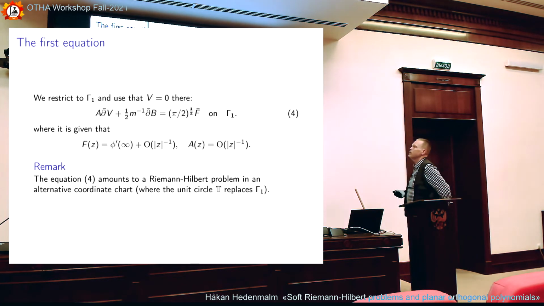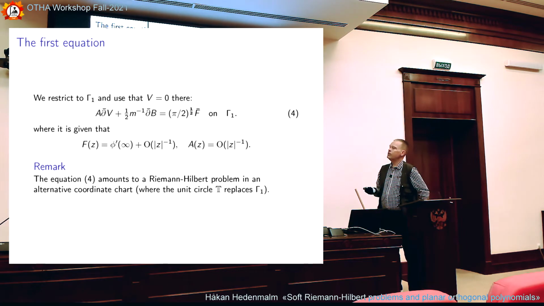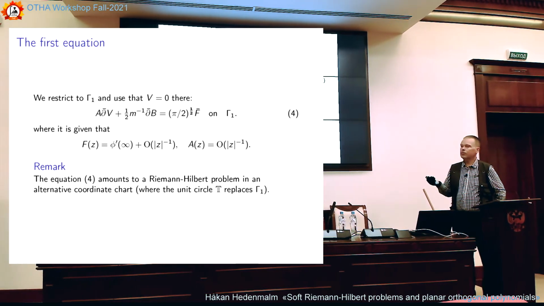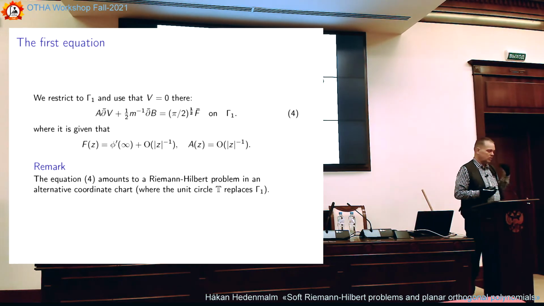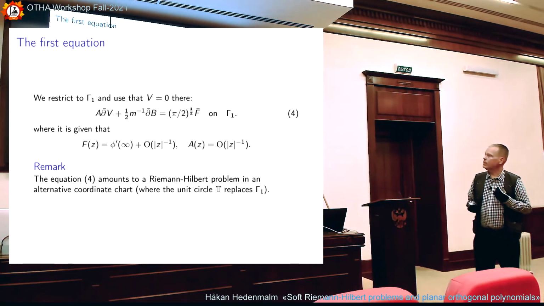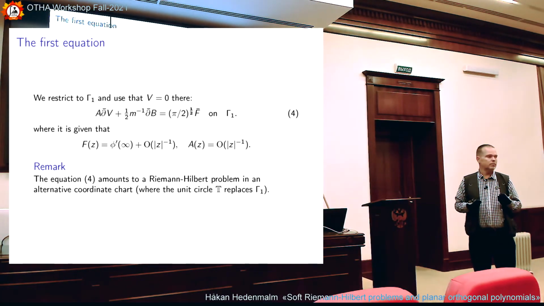In fact, look, if d bar of v is 1, for instance, then A is holomorphic in the exterior, F bar is conjugate holomorphic in the exterior, and it looks like A and F are the decomposition of the jump. It's like solving a Dirichlet problem, in fact.